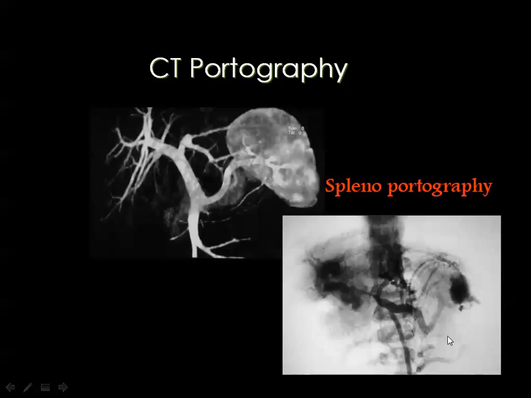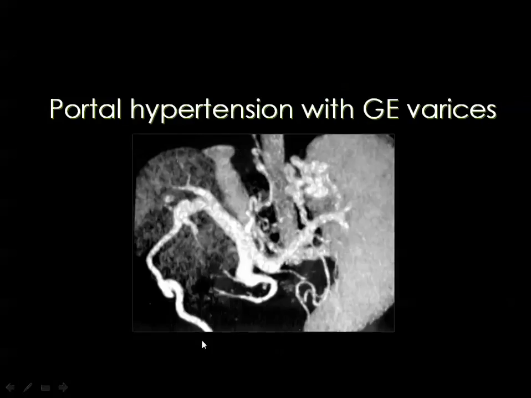But this invasive technique has now been replaced by CT portography, where the contrast media is injected intravenously and you scan the abdomen while the contrast media is in the portal system, and you reconstruct the image. You remove undesired structures so that you can see the splenic vein, the portal vein, and the superior mesenteric vein. And this is a good example of CT portography of a patient with cirrhotic liver, splenomegaly, and portal hypertension.